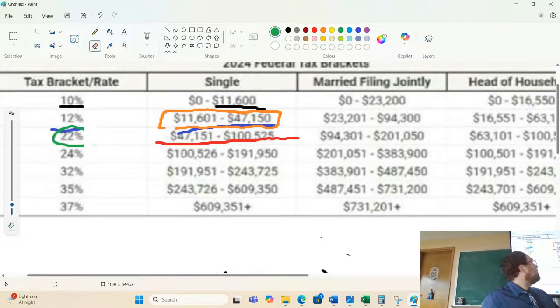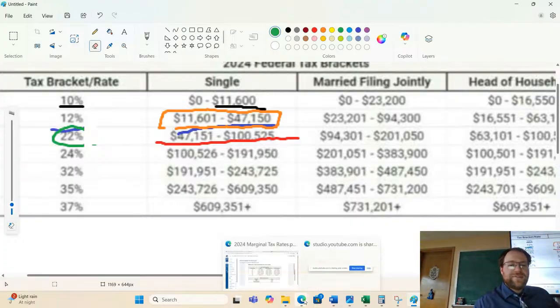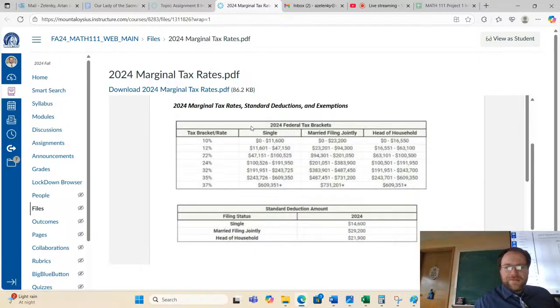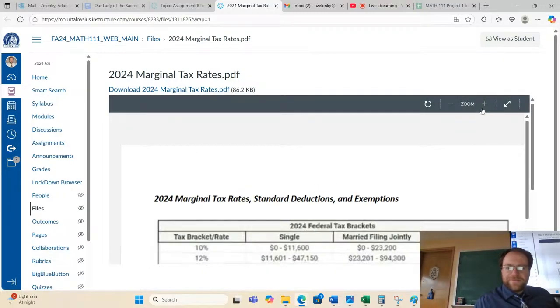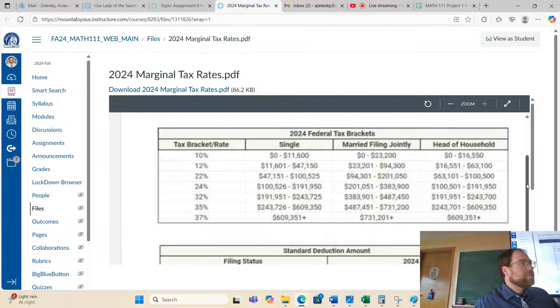Let's see, is that better? It's not really clear. I'll see if I can make that bigger somehow. Is that any better? Yeah.